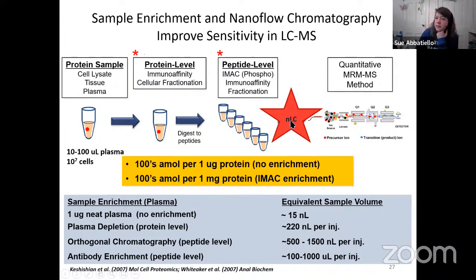You can load less sample and detect more if you're running at a lower flow rate into the LC-MS. And for the quantitation portion, often triple quads are used, but also using a targeted list on a high resolution accurate mass instrument will work too. And this allows you to see the whole complement of product ions rather than just picking out certain transitions.